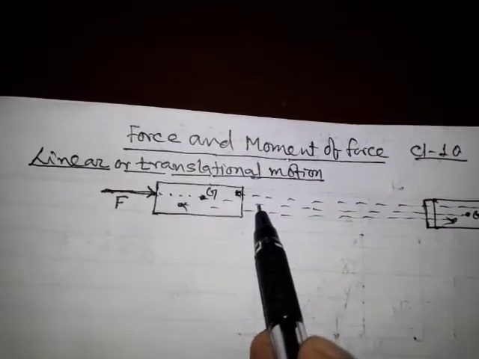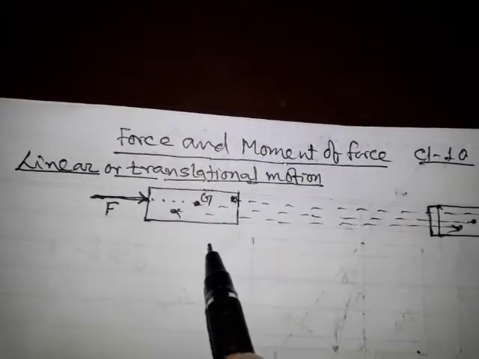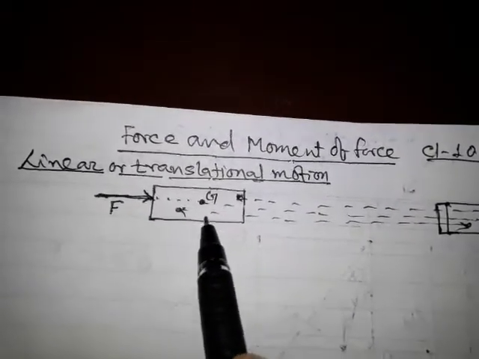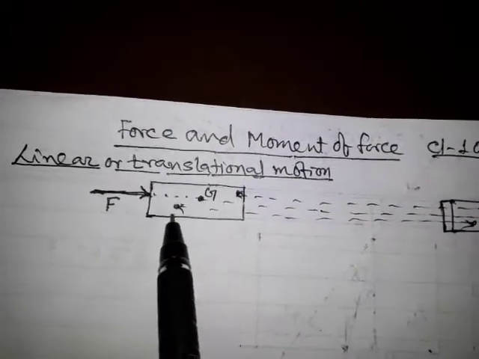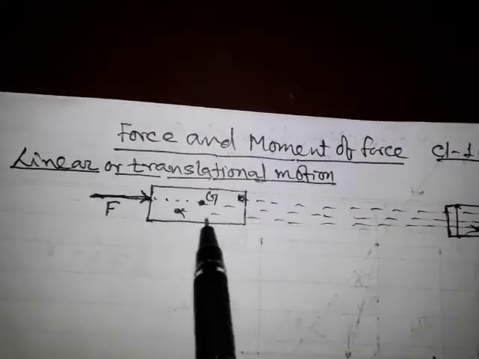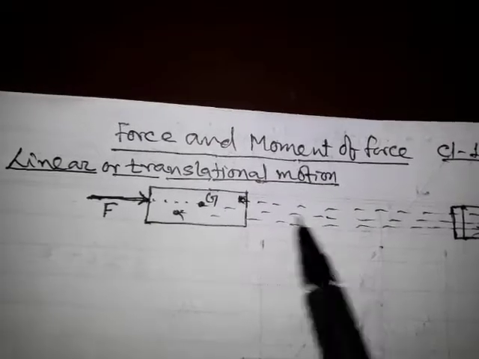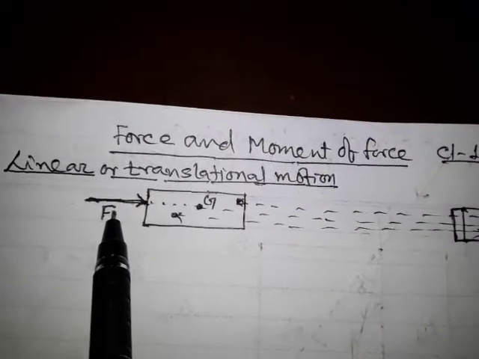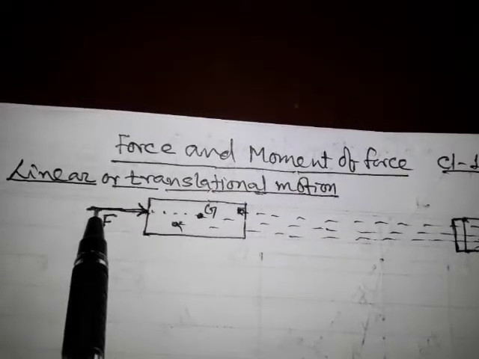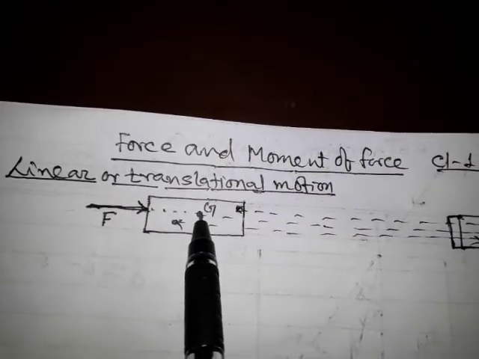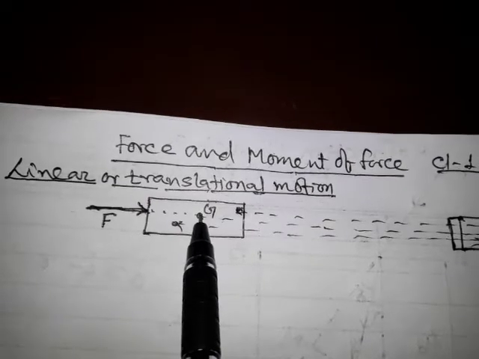So for translatory motion or rectilinear motion, that is motion along a straight line, what should be? The object must be free to move. We will have to apply a force, and the other condition is the line of action of force must pass through the center of gravity of the object.